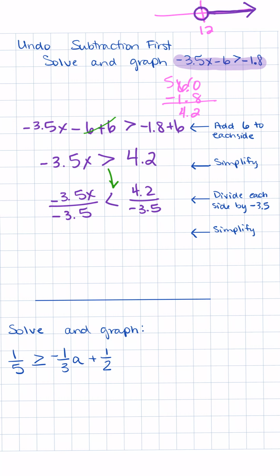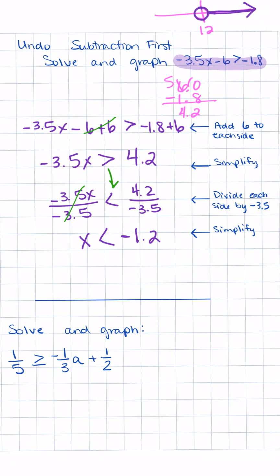Adding and subtracting does not change it, but dividing and multiplying does. So this gets crossed out. We're left with x is less than, and if we take 4.2 and divide by 3.5, we're left with a negative 1.2.